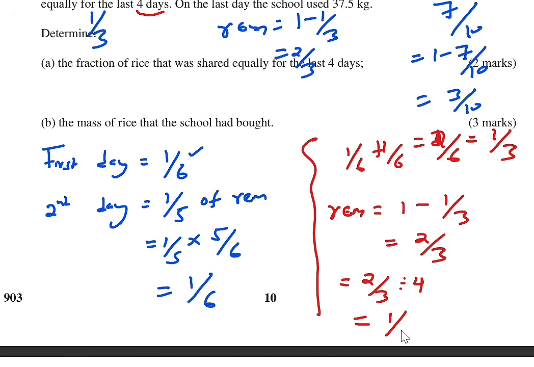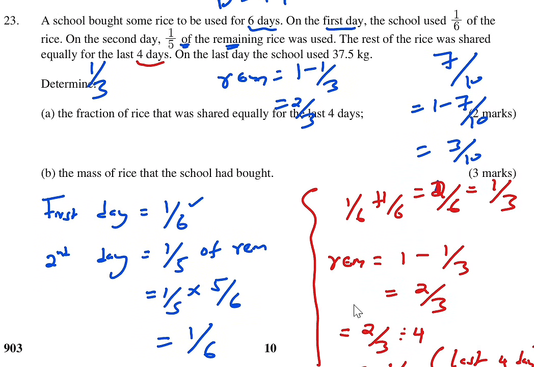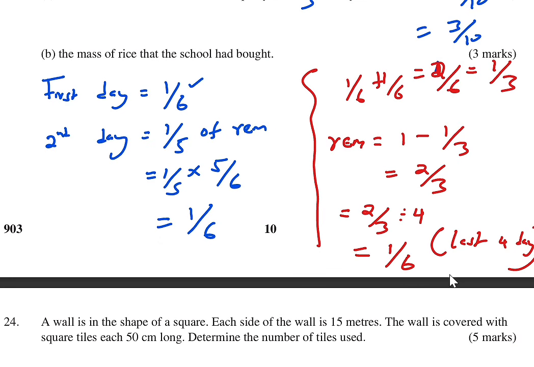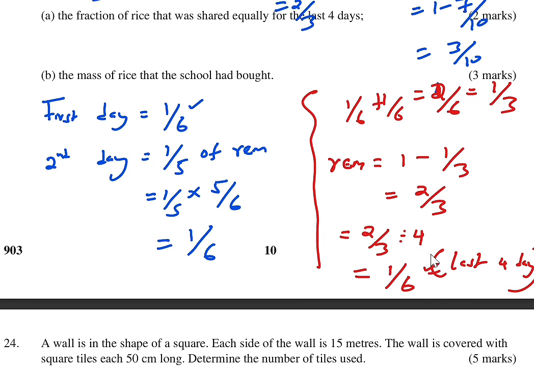The question asks for the fraction of the rice that was shared equally for the last 4 days, so we have got the answer: 1 over 6. We score those 2 marks.